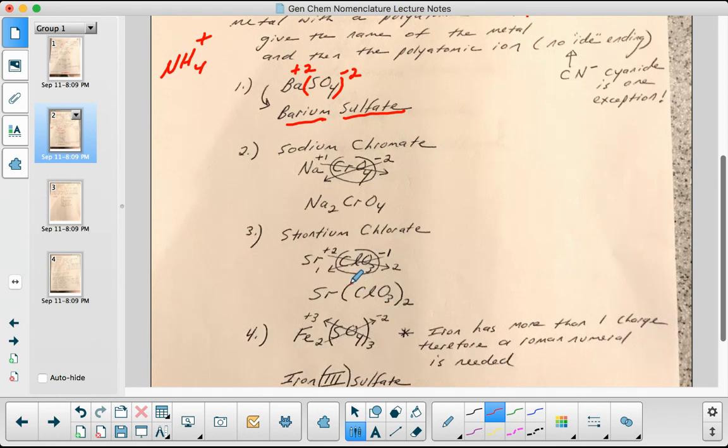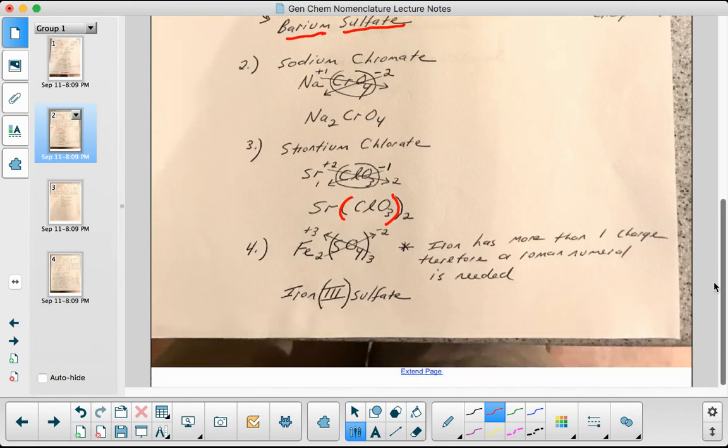And the way to indicate that is with a parenthesis. So if you have more than one of the polyatomic ion, you have to include parentheses. And if it's just a 1-to-1 ratio, because that would be a 2-to-2 ratio, but you reduce it to 1-to-1, you don't have to use the parentheses there.